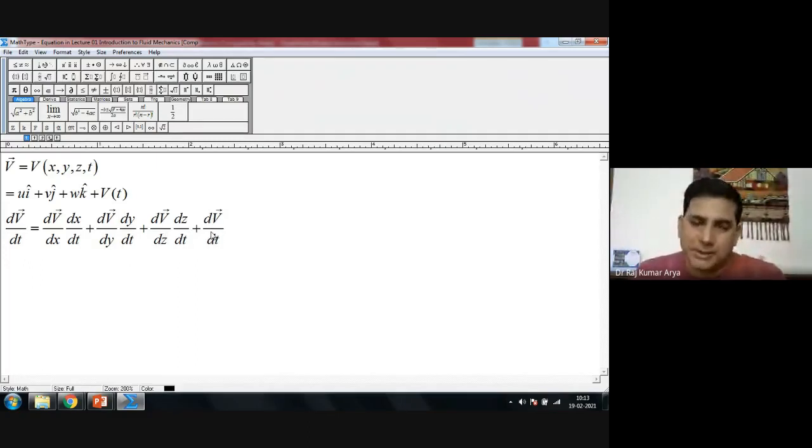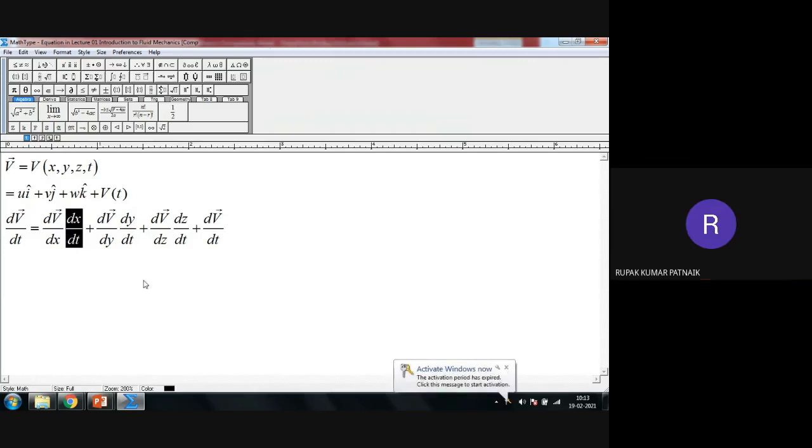So this would be my total derivative of this. Now, what would be this component? dx upon dt, distance traveled in direction x divided by time. What is that called? X direction velocity, u.